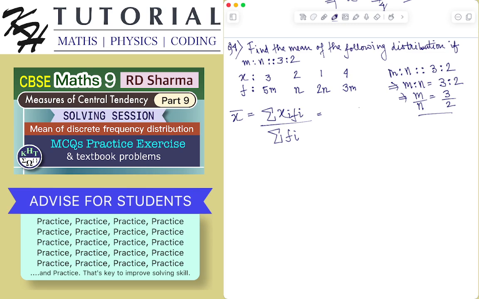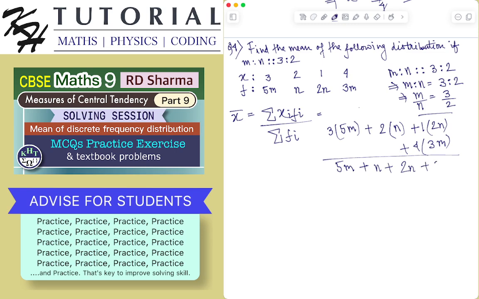Okay, so this is 3 multiplied by 5m plus 2 multiplied by n plus 1 multiplied by 2n plus 4 multiplied by 3m, this whole divided by the sum of the frequencies, 5m plus n plus 2n plus 3m.